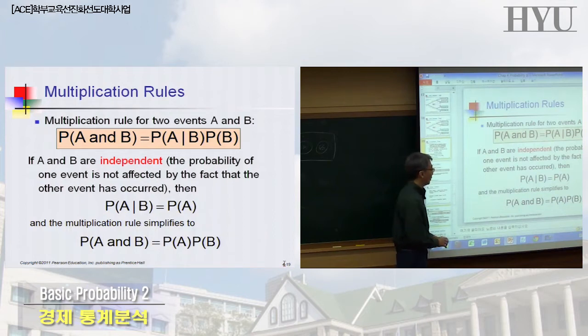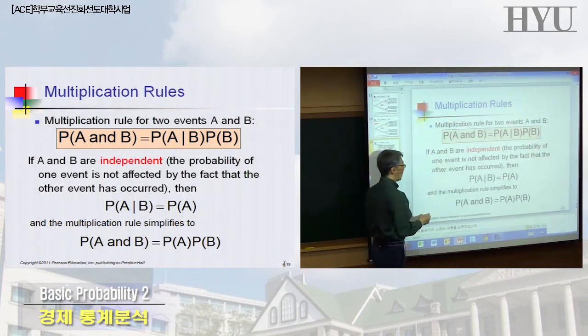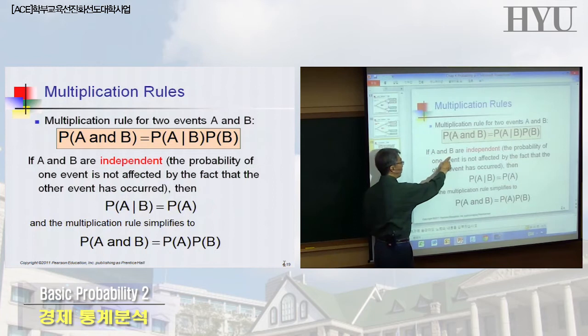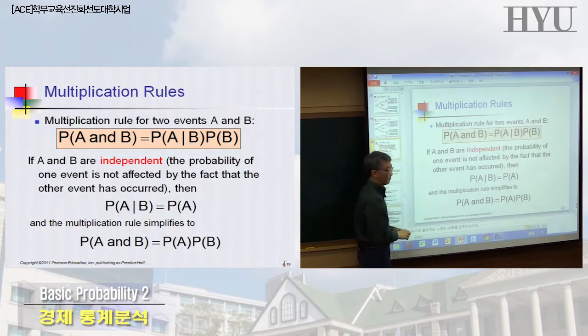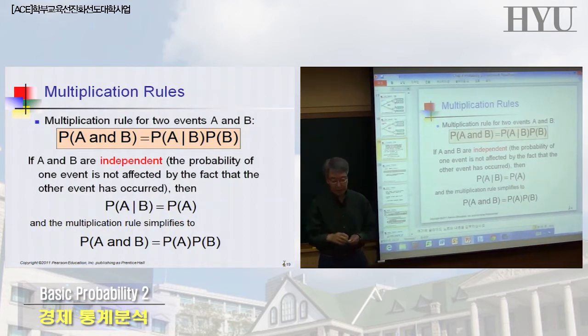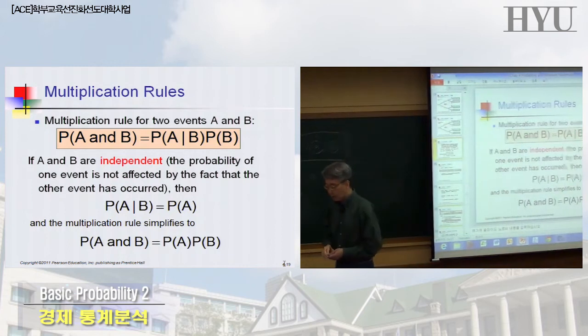So two events, A and B, are independent. That means whether B has occurred or not does not change the probability of A, or whether A has occurred or not does not affect the probability of B. So two events are completely separate, or independent.